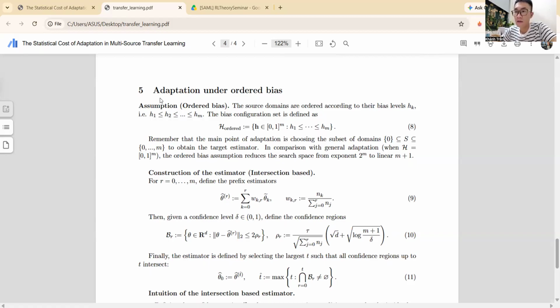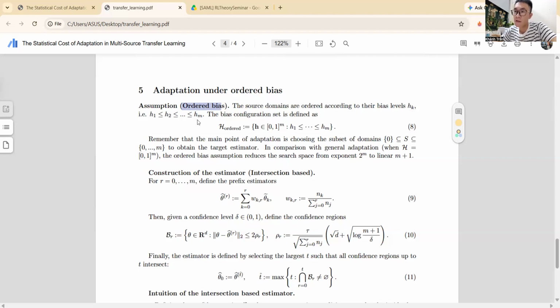And I will present here the case when the bias configuration is ordered, meaning that in the definition of the ordered bias, H1 is smaller than H2 and smaller than Hm.